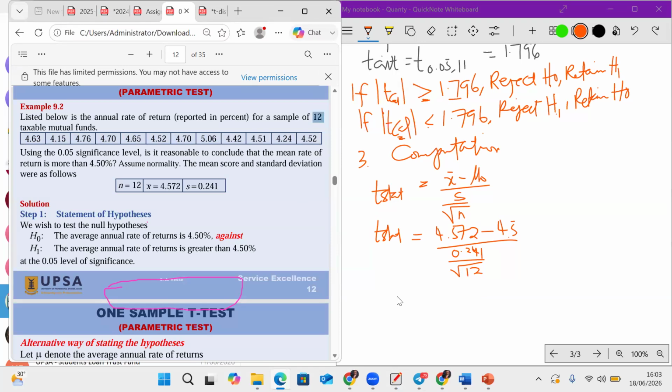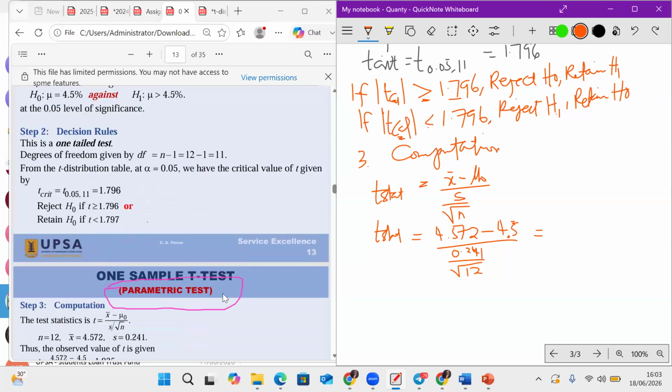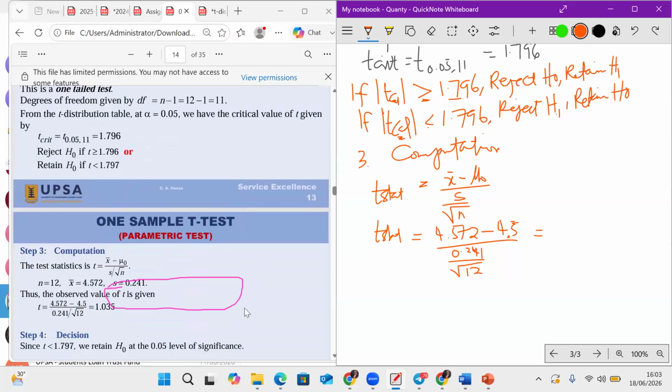Are you good? Give me the numerator. What do you have for the numerator? 0.072.